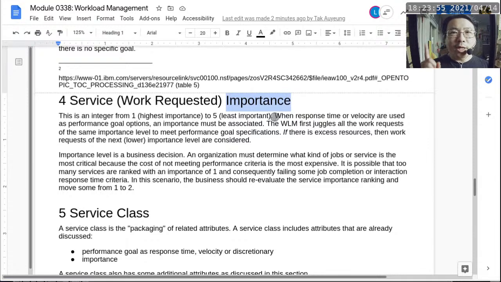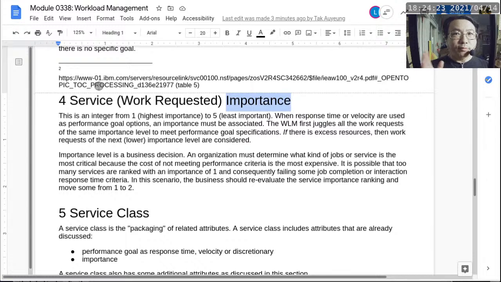And only when that is satisfied do we move on to surfaces of importance level 2. And only when the surfaces that have importance level 1 and 2 have those performance goals met, then we'll try to allocate resources to surfaces of importance level 3 and so on.